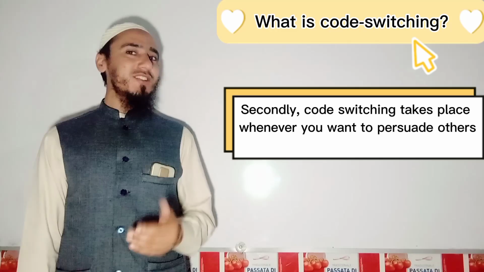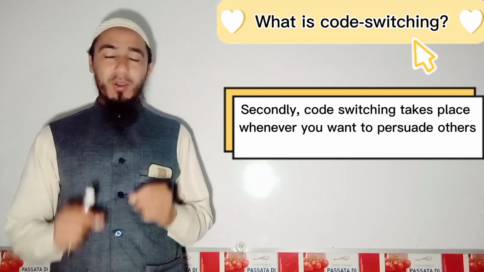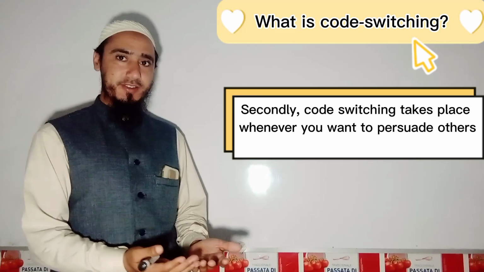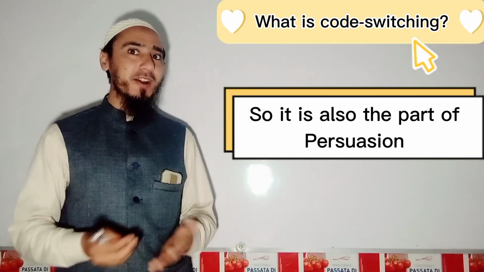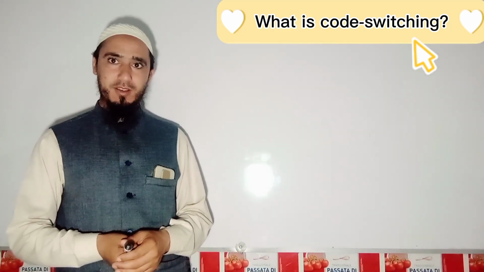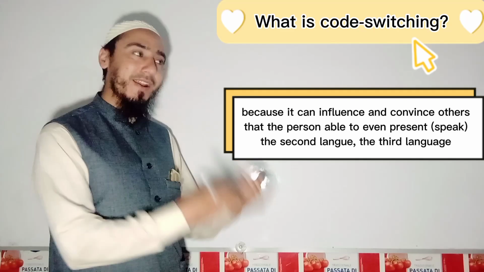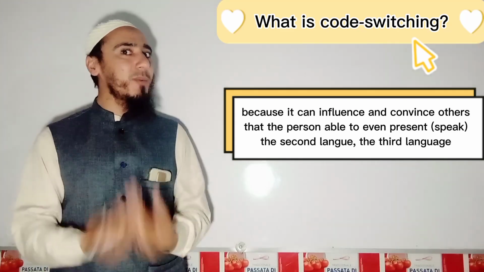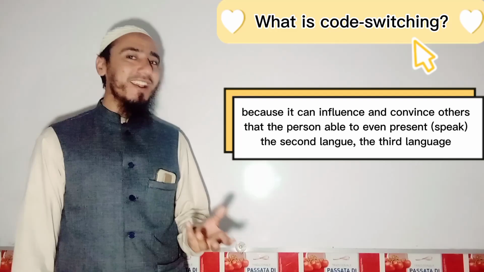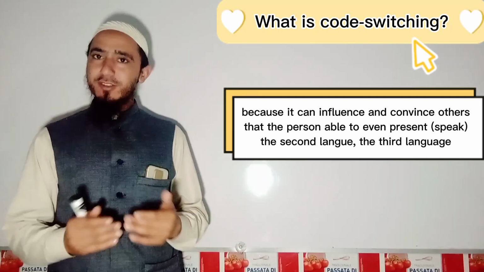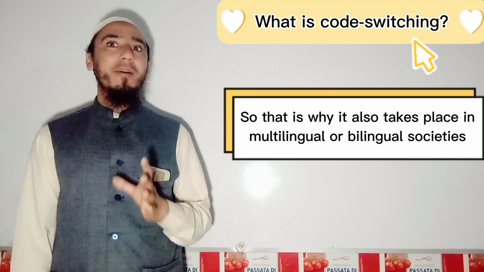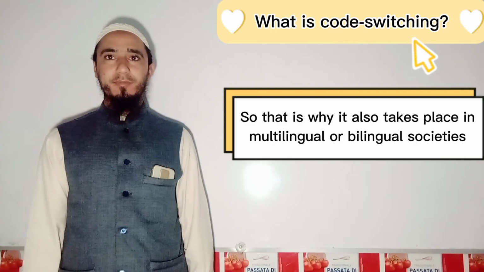Secondly, code switching takes place whenever you want to persuade others. It is also part of persuasion, because it can convince and influence others that the person is able to present even in a second language, a third language. So that's why it also takes place in multilingual or bilingual societies.